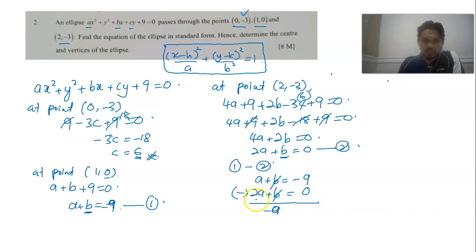Negative 9 minus 0, negative 9. So then a equal to 9.